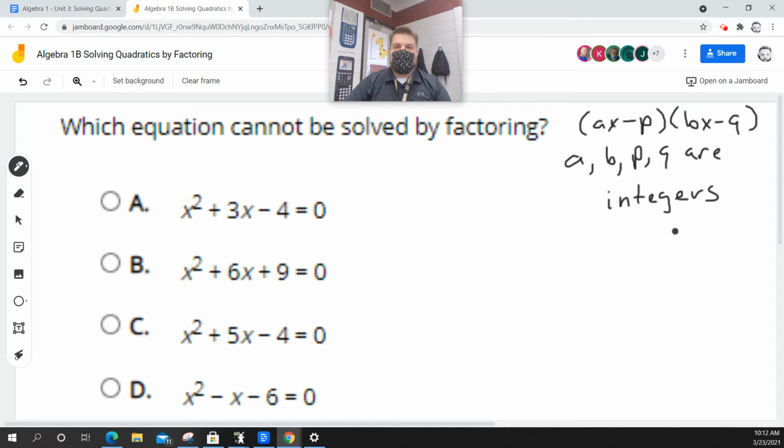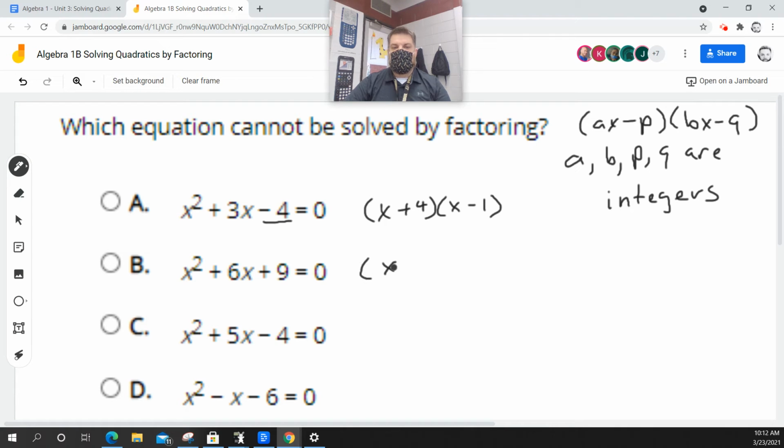So it would probably take you guys a little longer to do, but like this one is just x. Think of two numbers that when I multiply them, I get -4, but when I add them up, I get a +3. Well, this is going to be (x + 4)(x - 1). So that's factorable.